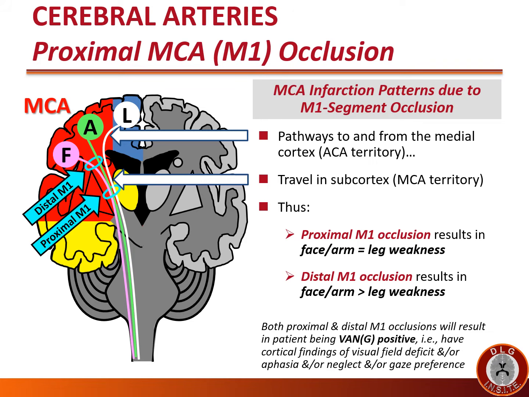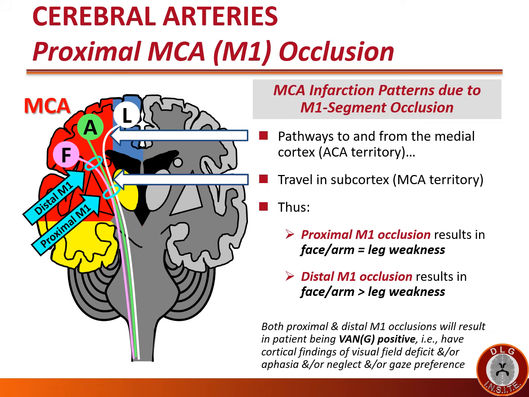A distal M1 occlusion, that is, a blockage farther down the road in the M1 segment, will avoid the internal capsule and only get the cortex. So those occlusions will result in face and arm weakness without leg weakness, or with much lesser leg weakness.